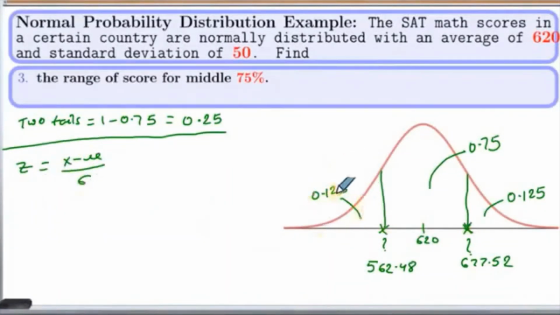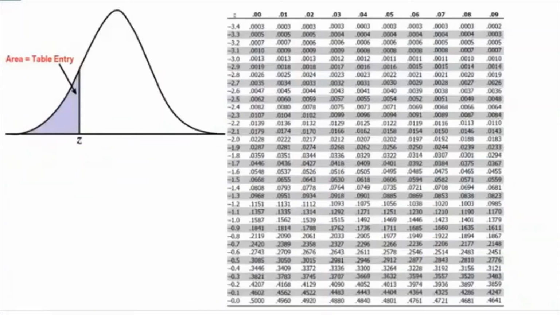First, let's try to find the z-score for 0.125. For that, let me pull up the table on the screen. Now here, we will try to find 0.125 in these tiny numbers. In this case, 0.125 is closest to this number here, which is 0.1251, and its corresponding z-score is negative 1.15.